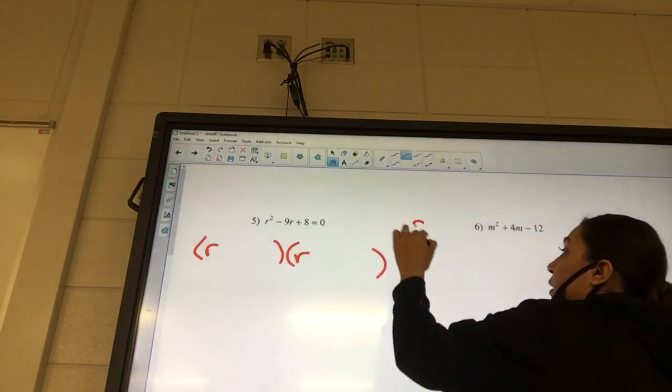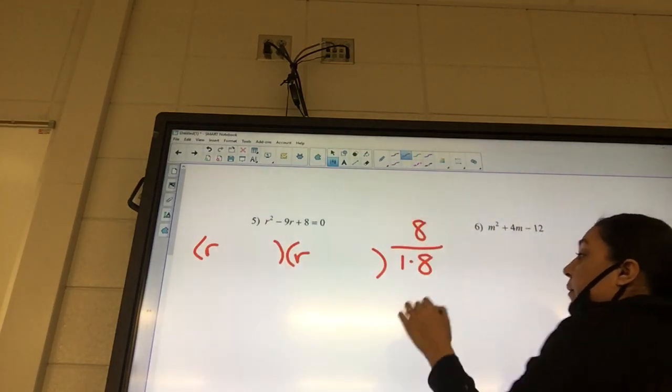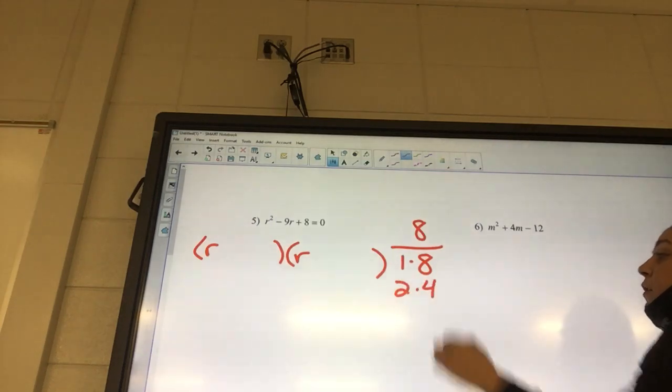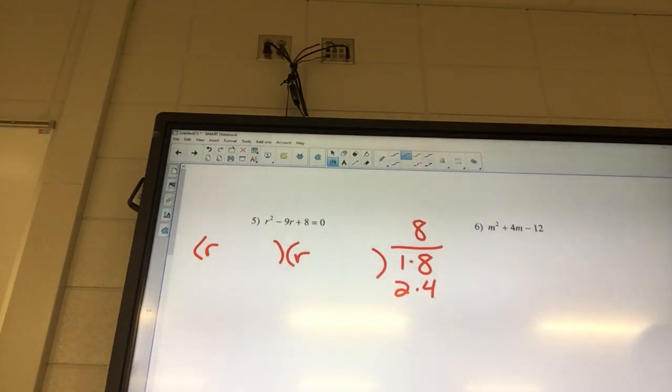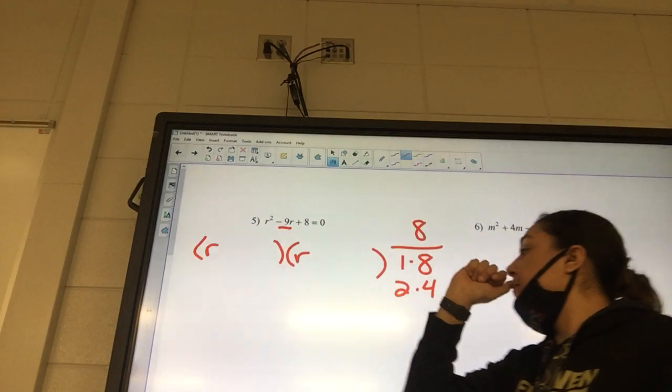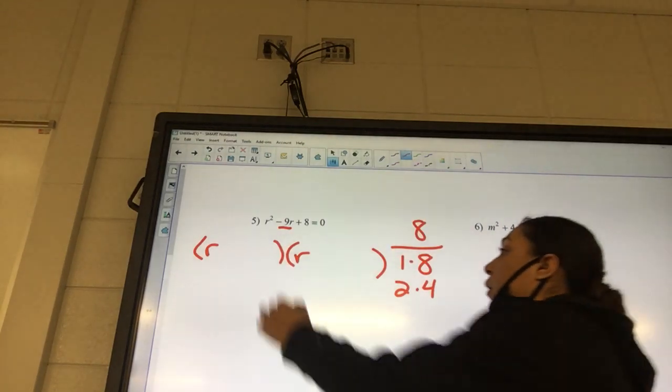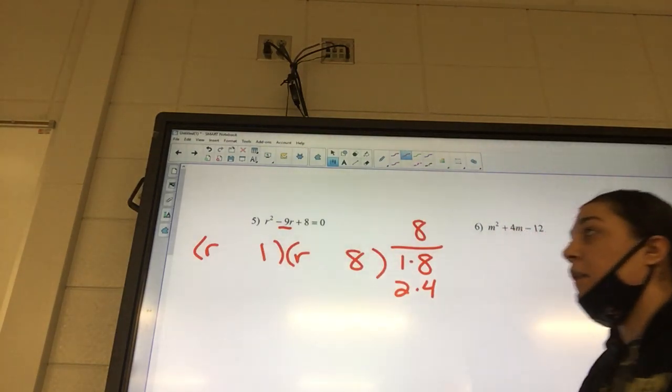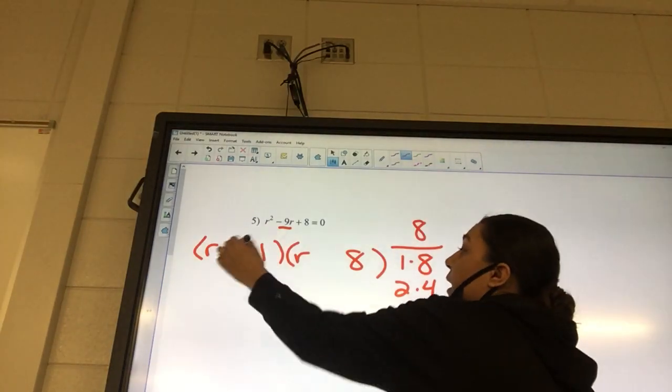I get to 8, so we need to find factors of 8. 1 and 8, 2 and 4. Does 3 go in? No, and we hit 4, so we know we're done. We need something to add or subtract to give me a 9. Plus 1 plus 8. Well, I need a -9, so minus 1, minus 8.